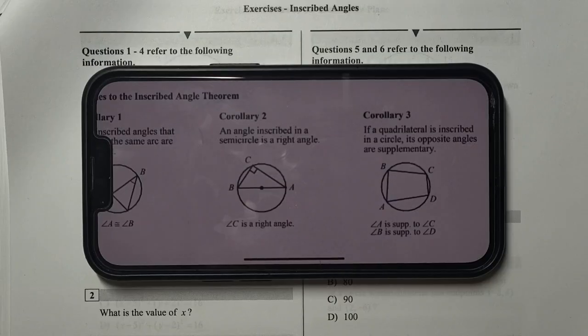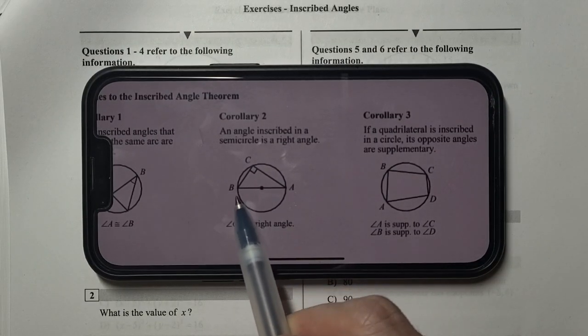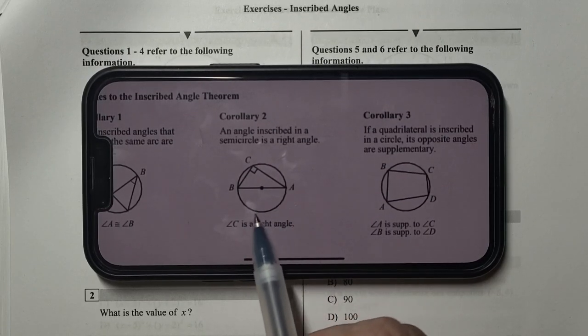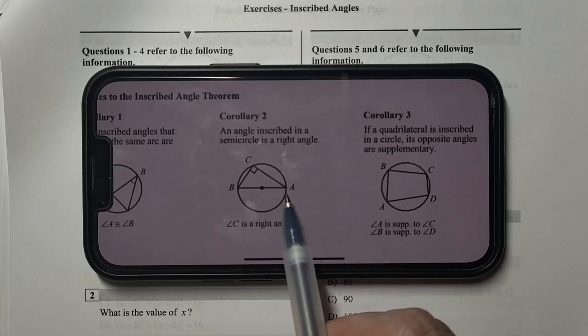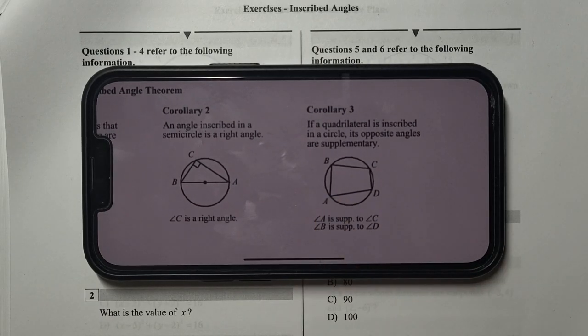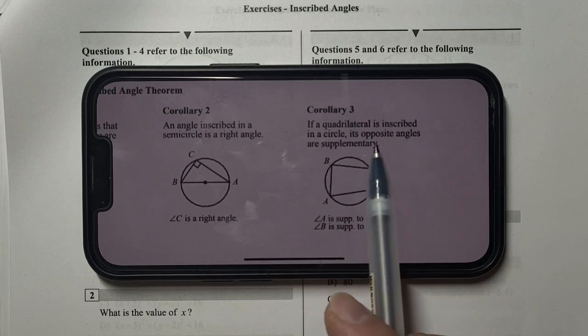Corollary 2, an angle inscribed in a semicircle is a right angle. This totally makes sense, and this is easy to explain because, remember, this inscribed angle is half of the intercepted arc. This arc is half a circle, which is 180 degrees. So what's half of 180? 90 degrees right there.